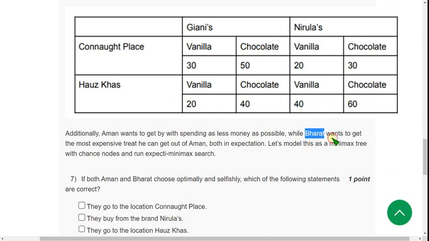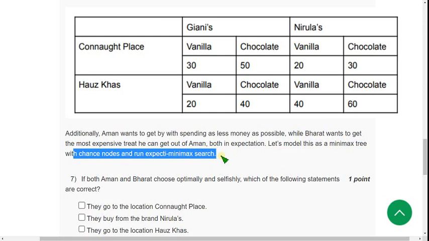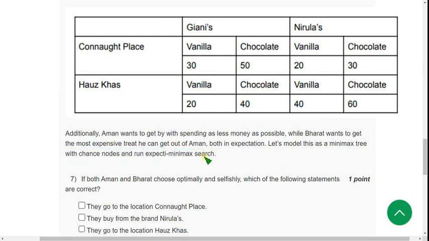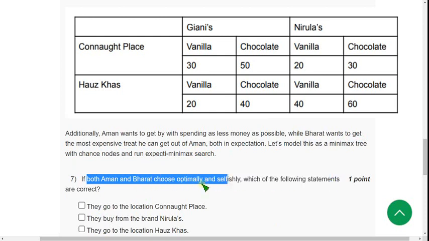Bharat wants to make Aman buy the maximum cost ice cream. So let's model this as a min-max tree with chance nodes and run expectiminimax search. If both Bharat and Aman choose optimally and selfishly, which of the statements are correct?